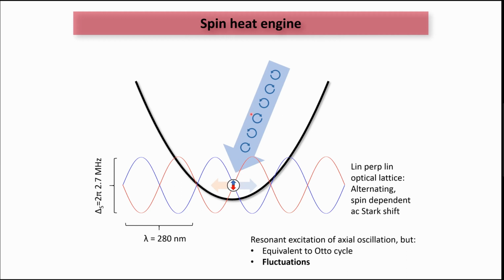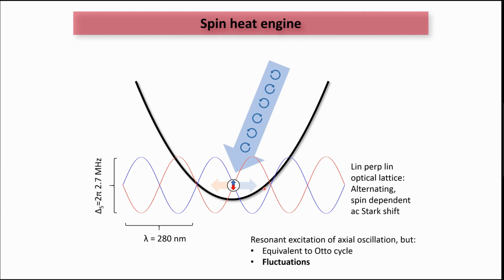Additionally, we do optical pumping in an alternating way, synchronized to the period of the harmonic oscillator. So the spin polarization is oscillating at the harmonic oscillator frequency, the spin-dependent force will be oscillating, and the ion will gain oscillation amplitude here.